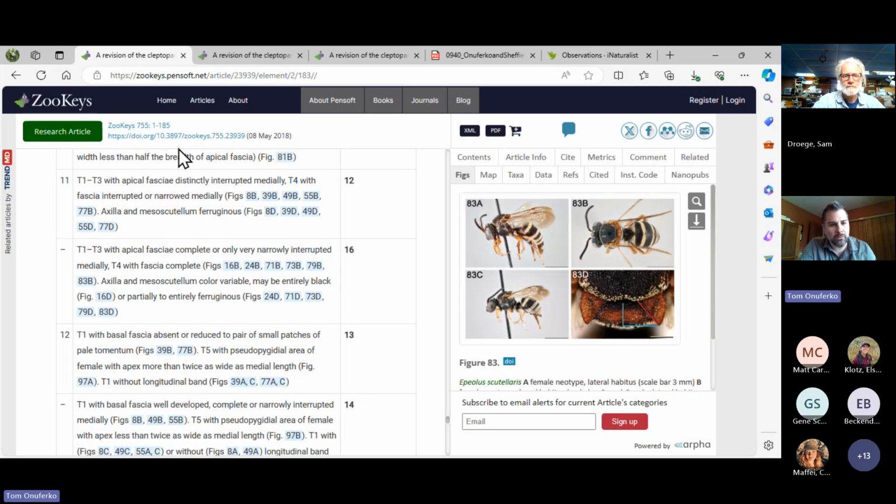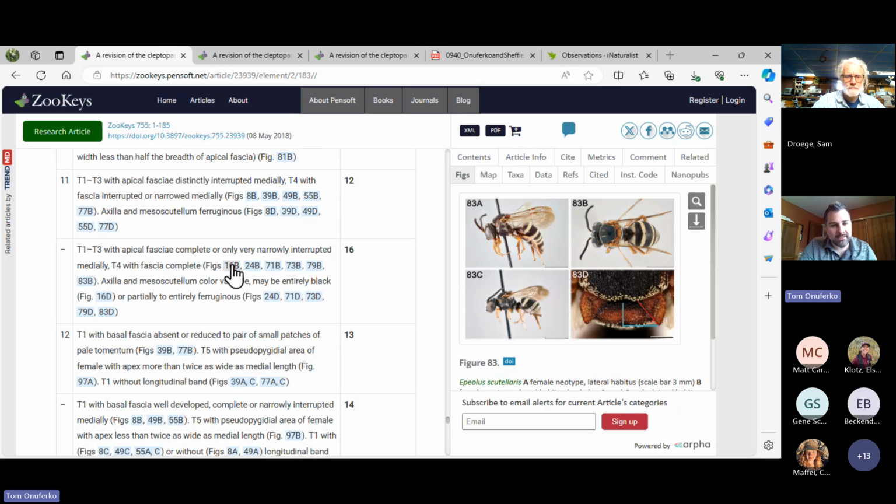Based on the fact that in scutularis and in the specimen that Sam showed before, the fasciae are not distinctly separated, and in the preceding couplet the axilla and mesoscutellum are both ferruginous. Here the coloration may be variable. This will include species where the two are black.